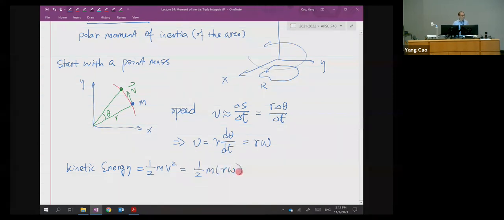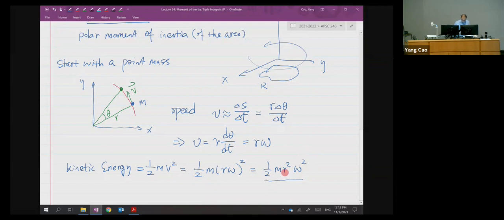Then I'll just calculate it: m r squared omega squared. So now, instead of 1/2 m v squared, I have a different expression for the kinetic energy, which is in terms of omega and the R here.